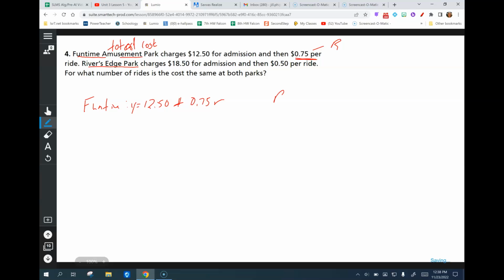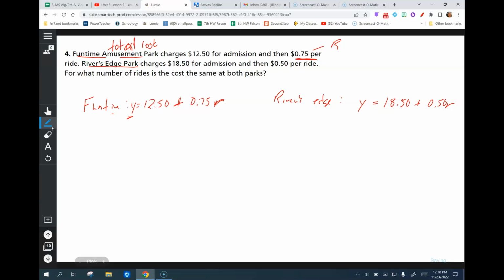And then we have River's Edge, which is going to be Y equals 18.50 plus 50 cents per ride. Okay, those are R's. Y is your total cost, so I could have used T. So it's the total cost for Funtime and the total cost for River's Edge.